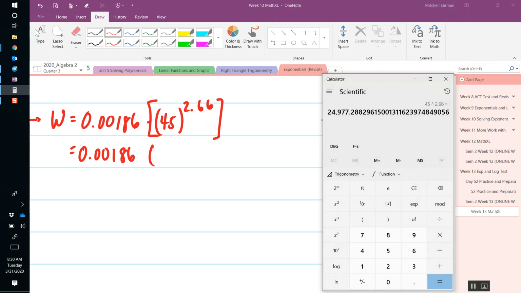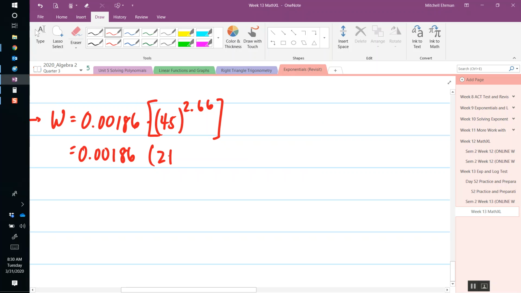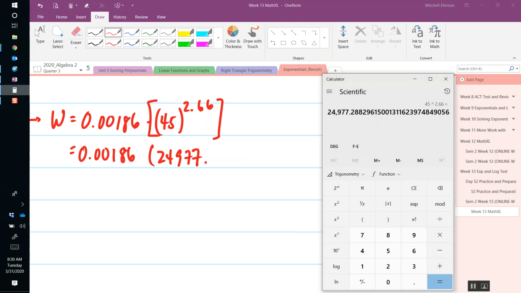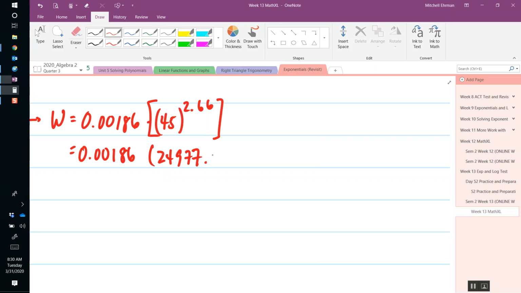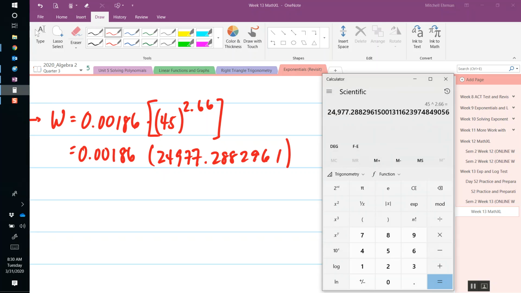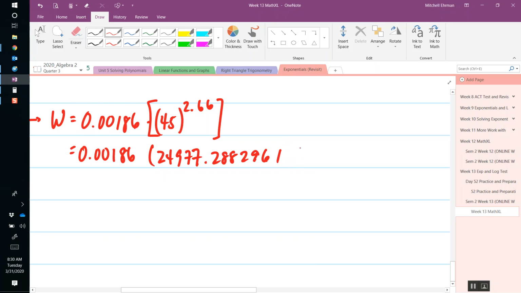So 24977 point, and by lots of decimals, I mean at least 5 or maybe even 6. So I'm going to say 288296, and I'll put 1 on there just for extra measure. 961, actually that 1 got rounded up to a 2.